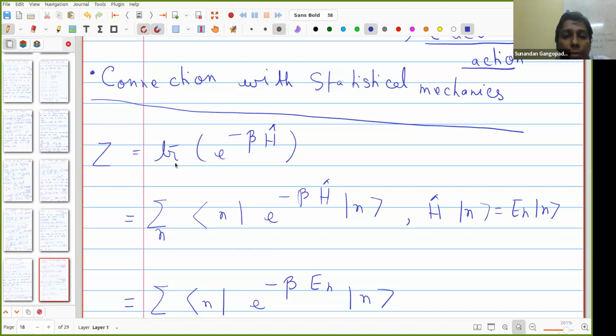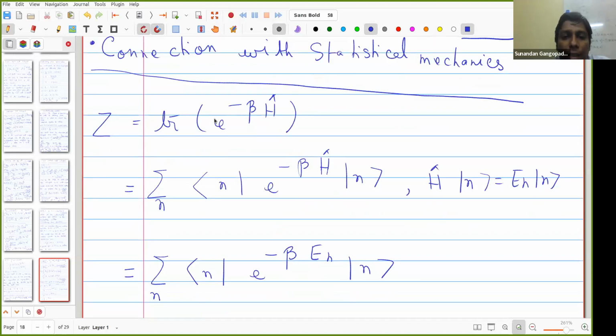And in order to get a nice expression for this, you just evaluate the trace. You can take any basis; the nicest basis in this case will be the eigenstate basis of the Hamiltonian operator, because we know that the kets |n> are the eigenstates of the Hamiltonian operator. So you evaluate the trace in this basis. If you do that, you will get the summation over n of <n| e to the power of minus beta H hat operator |n>.